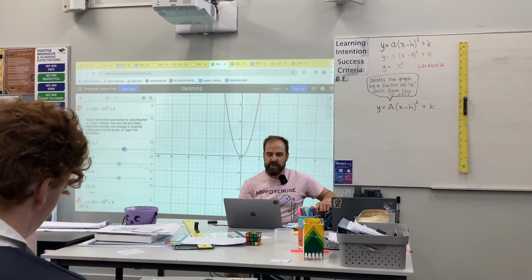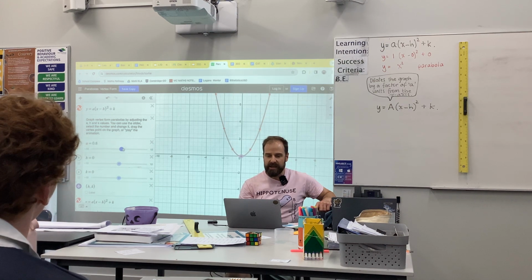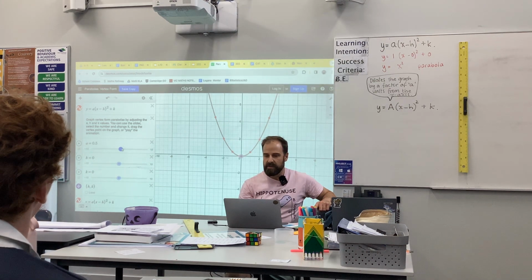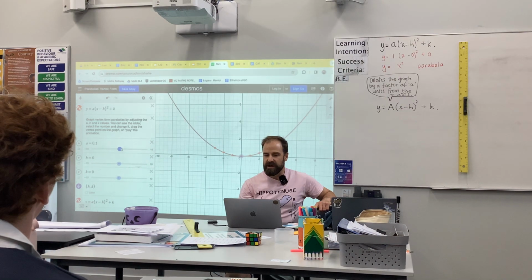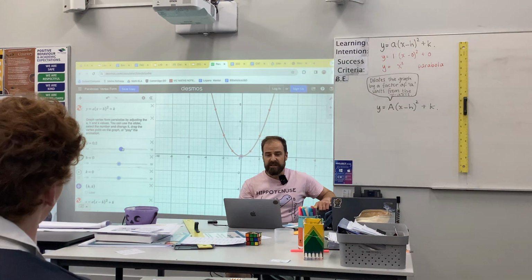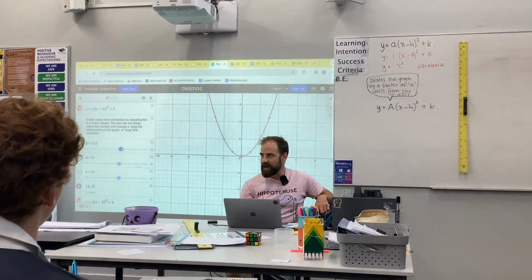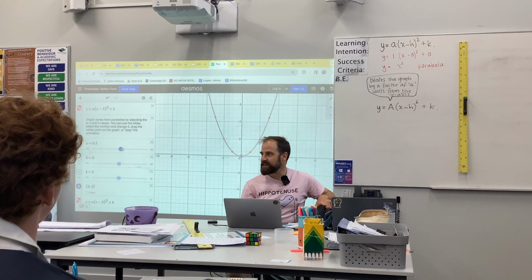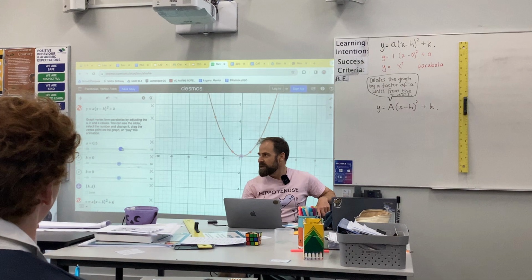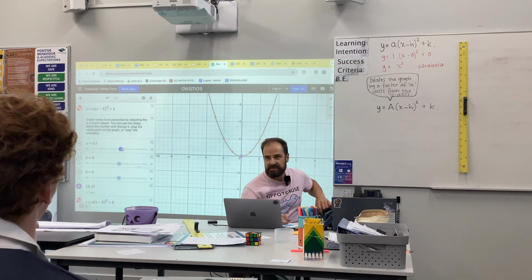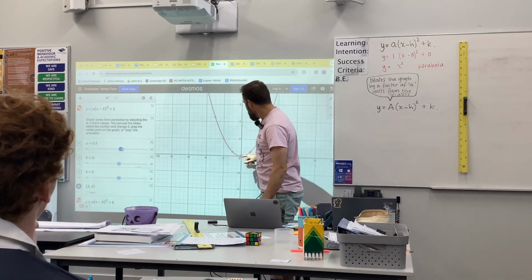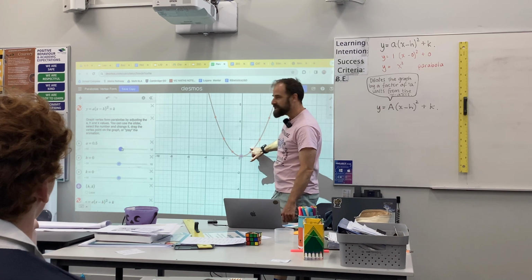Now notice, what happens when A is between 1 and 0? What's happening to the graph? It's getting wider. This is still a dilation. What's the value 0.5 the same as? Half. So it's still dilated from the x-axis by a factor of 1/2. But when I dilate from the x-axis by a factor of 1/2, it was up here.